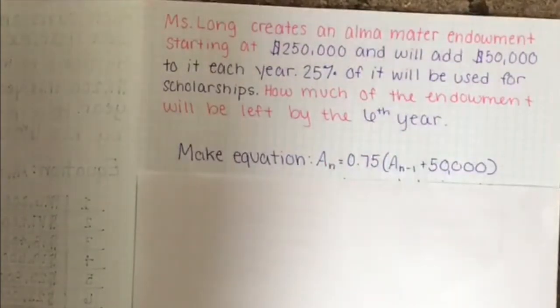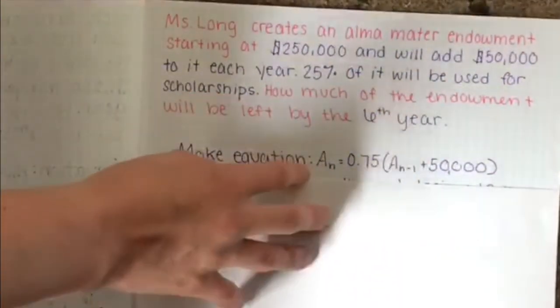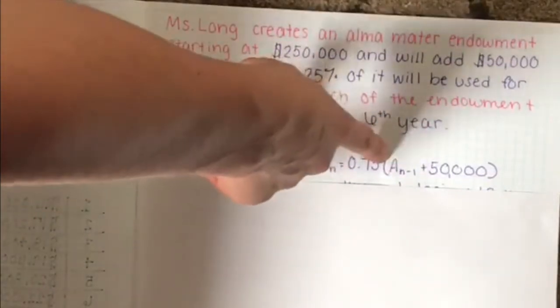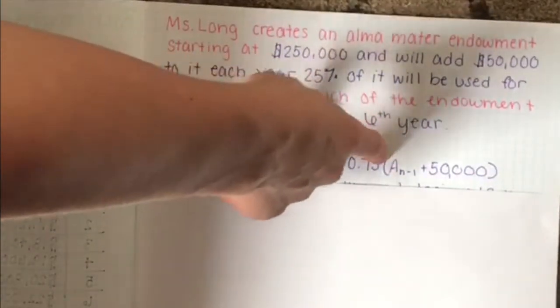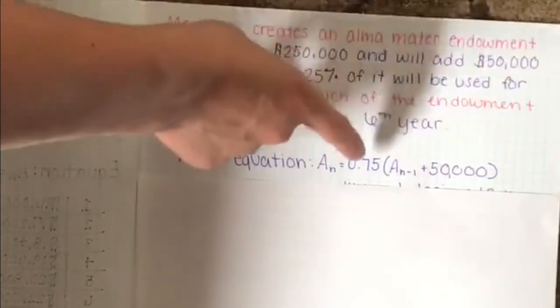A sub n equals 0.75, because you only have 75% to use since 25% is being taken for the scholarships, times A sub n minus 1 plus 50,000. Now let's solve. For year 1, use 250,000 for A sub n minus 1 because this is your original amount.